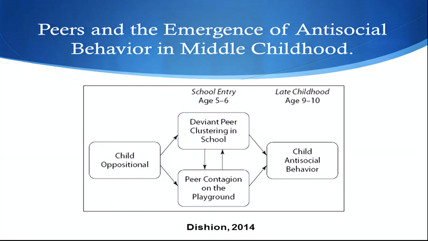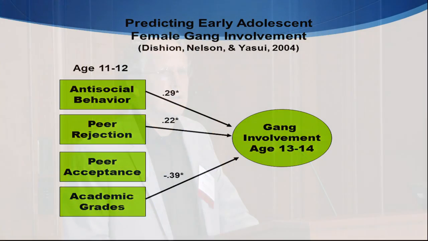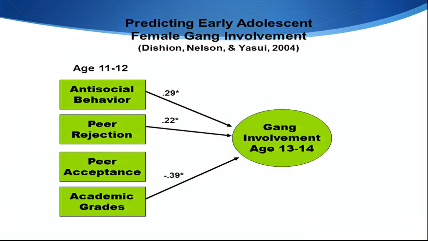And the work by Jim Snyder has been very important for demonstrating that you can easily observe these types of interactions on some playgrounds, and you can actually watch over the course of 2 years kids become progressively more aggressive. Now, what we're more concerned about is the kids aggregating into better defined groups over time, and we know that since the beginning of the 19th century, gangs in the U.S.